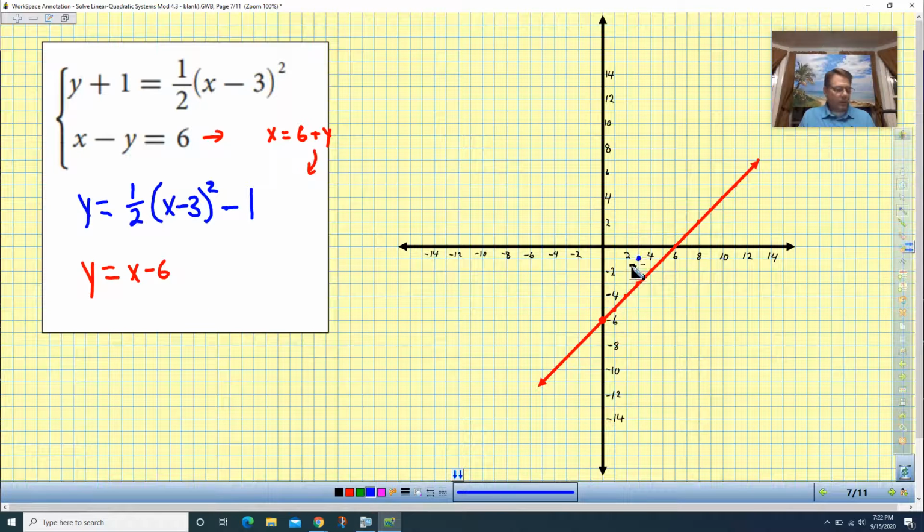Let's get the blue here. And so, -6, 12. Okay. And then -5, oops, excuse me. Again, I grabbed the wrong one. I grabbed the line ordered pairs.